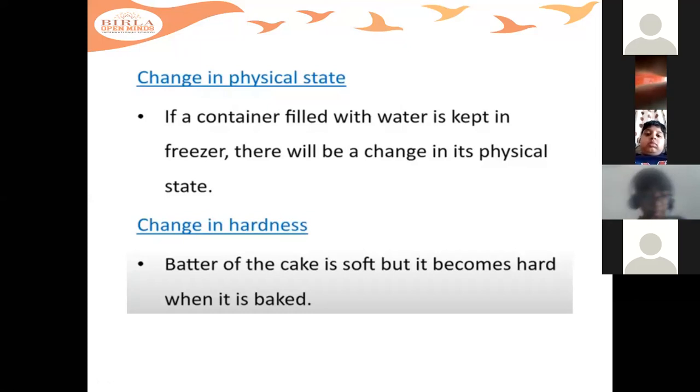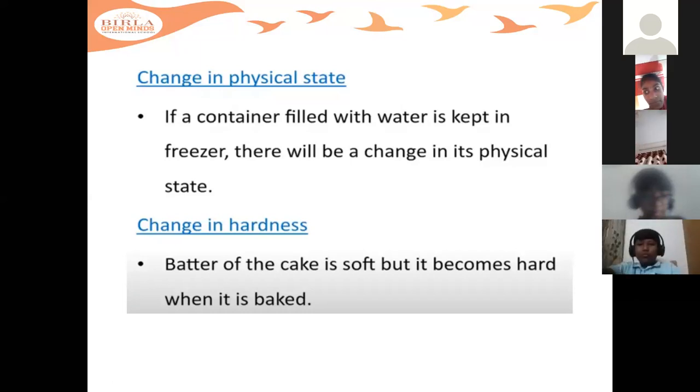So, change in physical state. We all know that there are three types of physical states. What are they? Solid, liquid, and gas. Now, the water is in liquid form. If you keep it in the freezer, what happens to this physical state? From this liquid state, the water is changing into solid state.